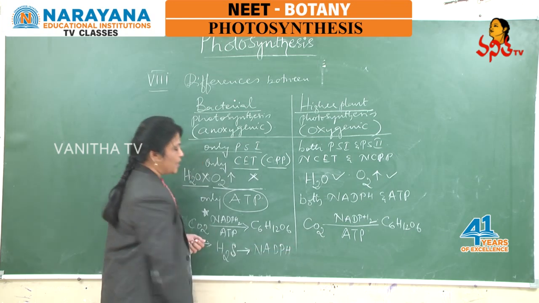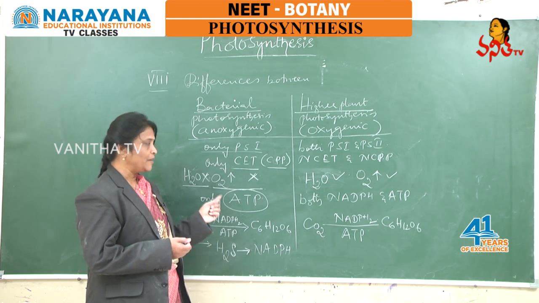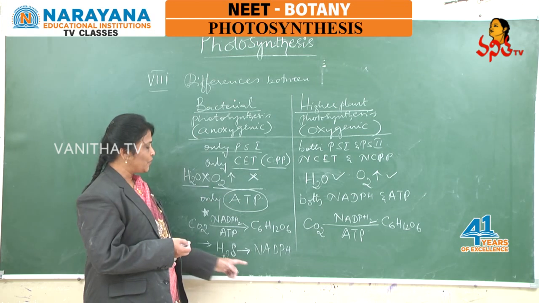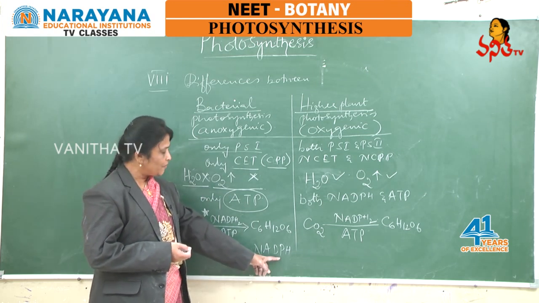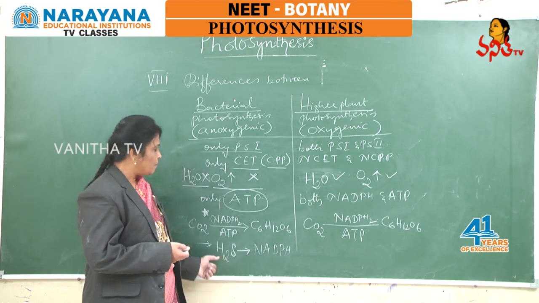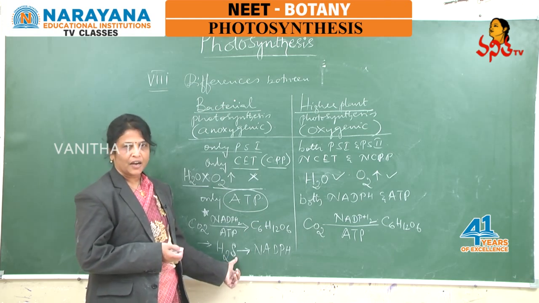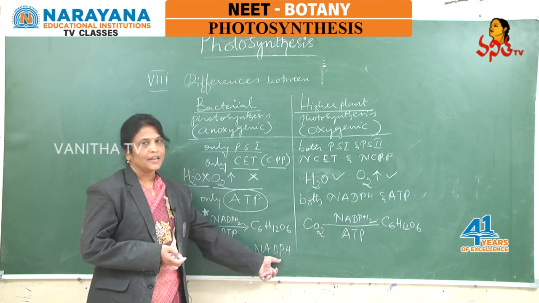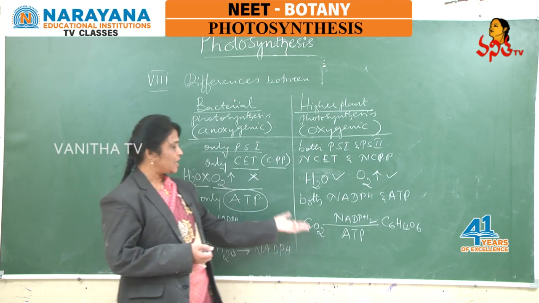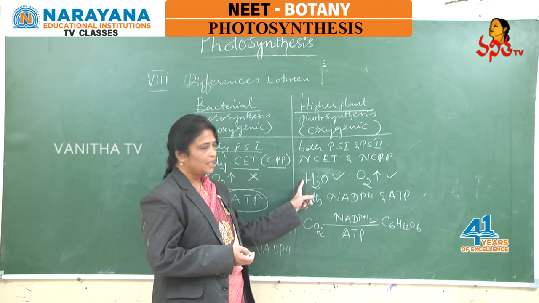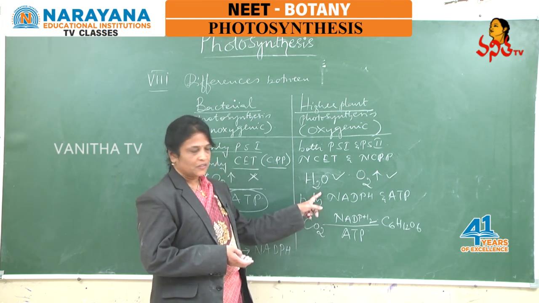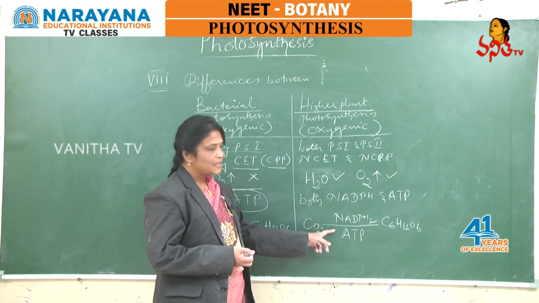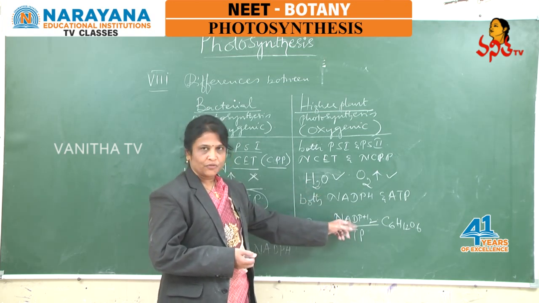So the reducing power NADPH is common for both bacterial and higher plant photosynthesis, but in bacterial photosynthesis NADPH is formed by the oxidation of hydrogen sulfide, and hydrogen sulfide is the electron and proton donor for NADPH formation. Whereas in higher plants, water, which is involved in non-cyclic electron transport, is the donor of electrons as well as protons for NADPH formation.